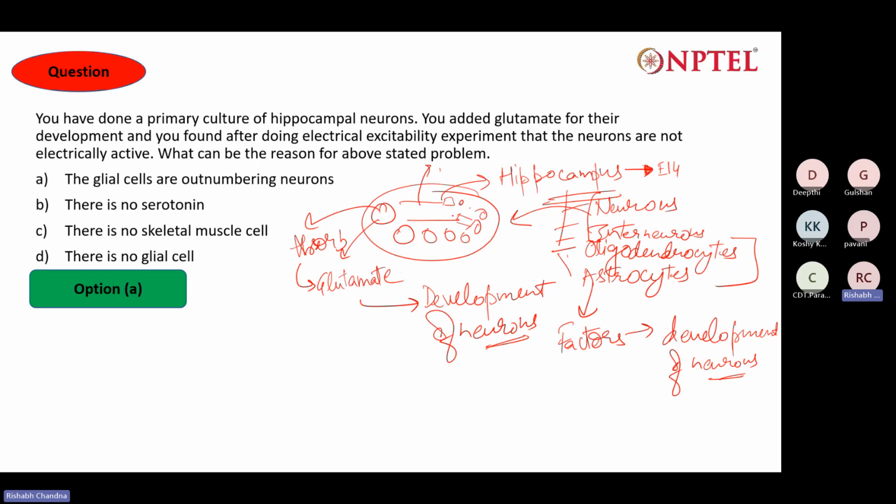So if we do an electrical excitability test after some time, as these have not grown properly, they will not be electrically active. Okay, so the reason will be that there are more glial cells in the neuronal culture. That's why they are not able to grow and that's why they are not electrically active.